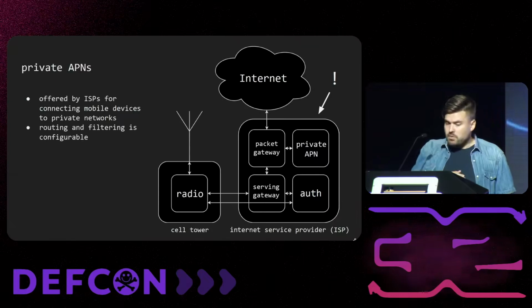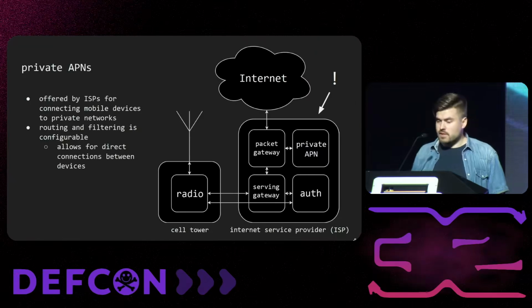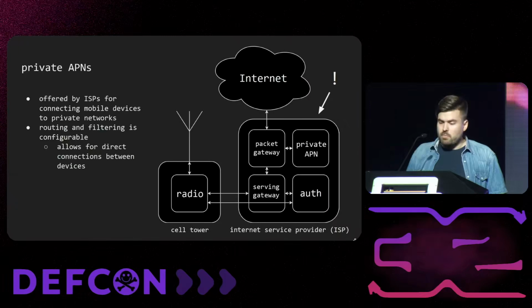So routing, filtering, everything can be configured, and you can configure direct connections between the devices to be allowed. This is a big difference to normal APNs, where you cannot really do device-to-device connections, but you just have to go through the internet.